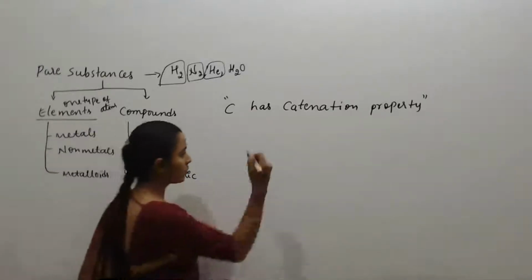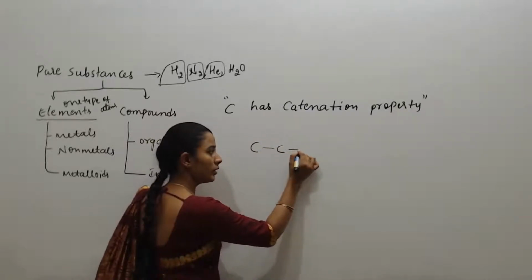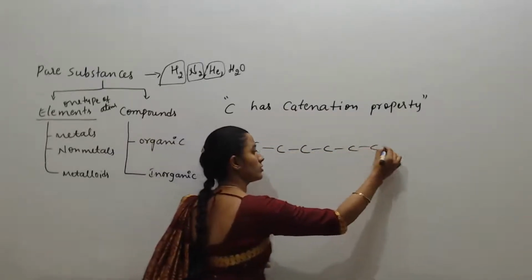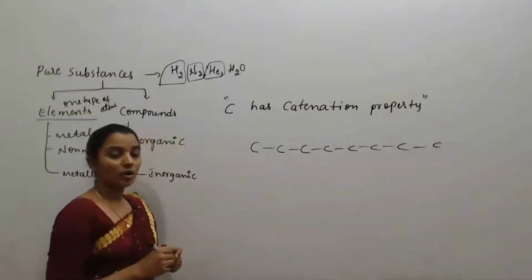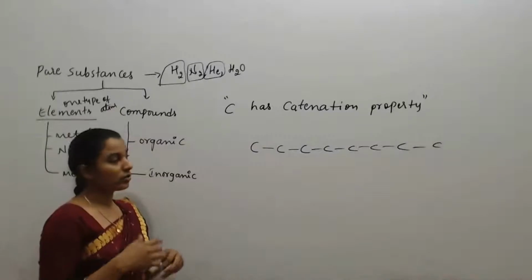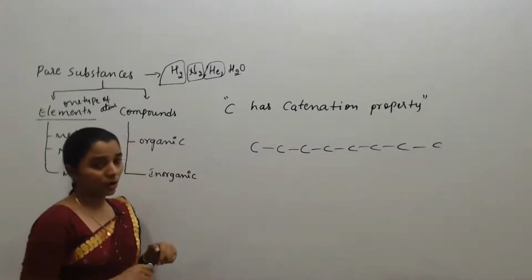Okay, so carbon is one atom. It has the capacity to bond to other carbon atoms to form a long chain. We don't know how many carbon atoms are present. So how many carbon atoms can bond to other carbon atoms?